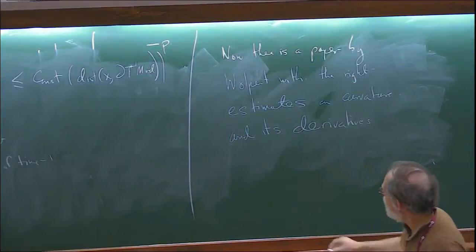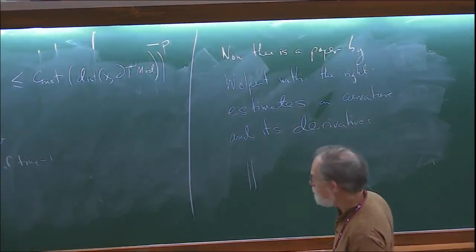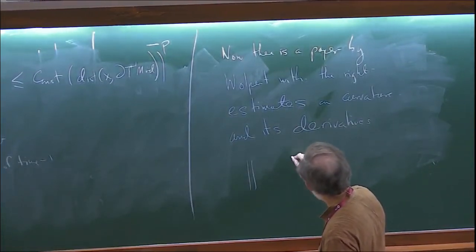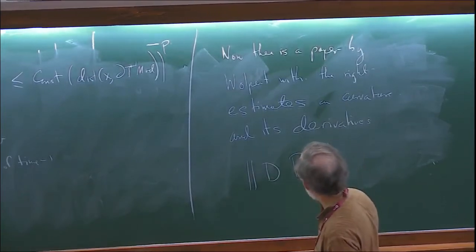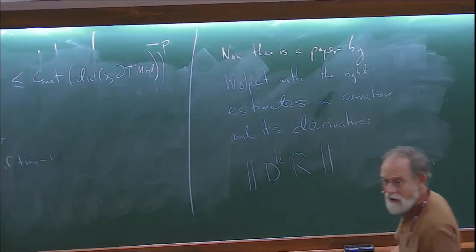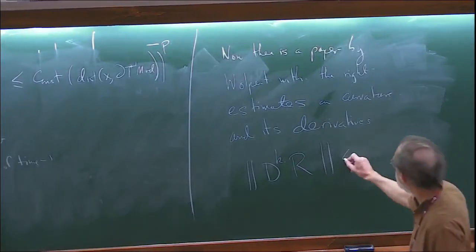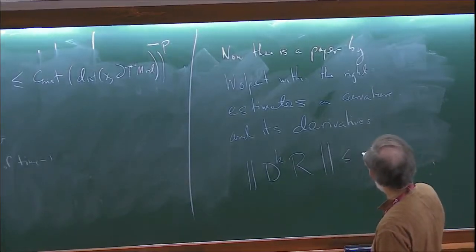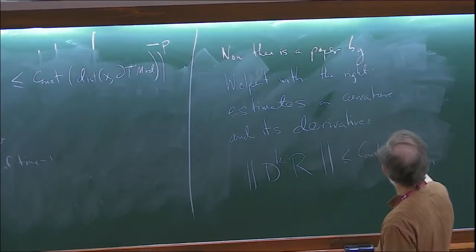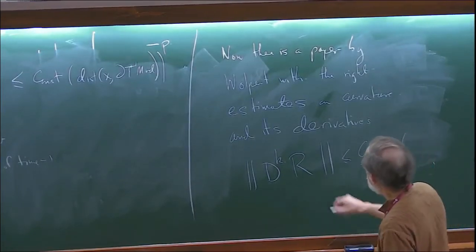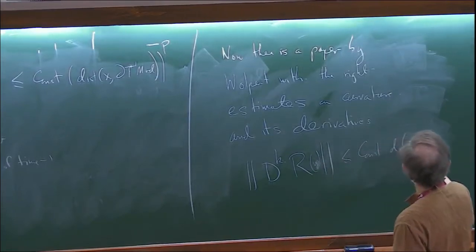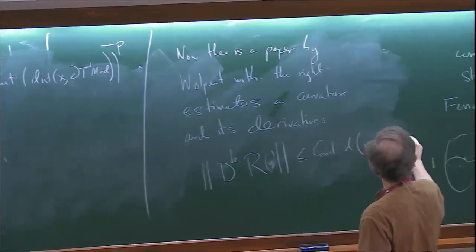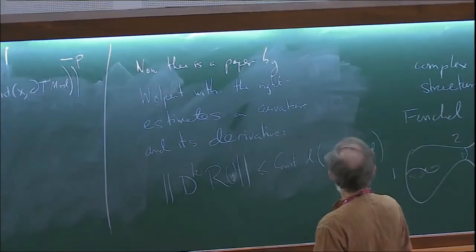And so if I take the curvature, let's take R for the curvature tensor, and I differentiate K times and look at the size of some component, this is less than or equal to constant times the distance, at some place, maybe at V, from V to the boundary of T1 moduli space.